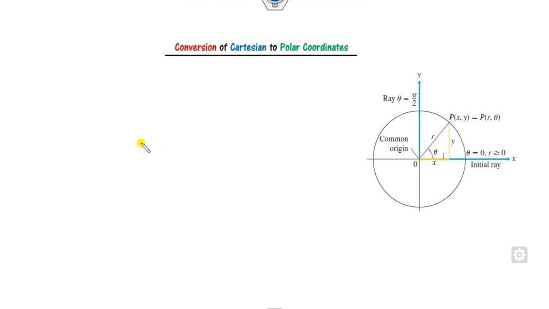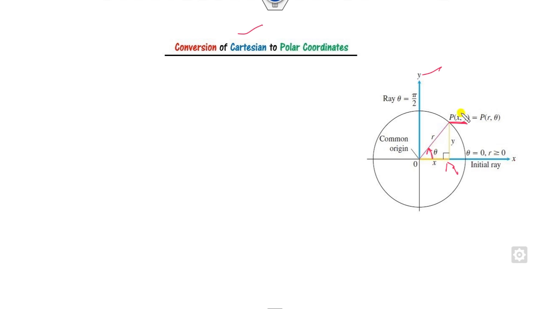Now, the second one is conversion of the Cartesian coordinates to the polar coordinates. So we all know, if you draw the x and y axes, and take any point x comma y on this plane, such that the distance of this point is r, and this is its x and y, and this is its polar coordinate.